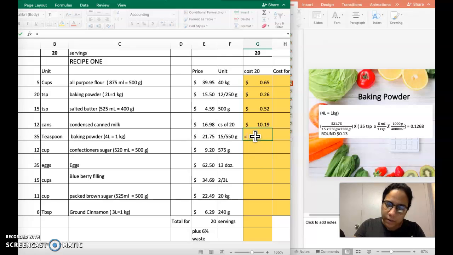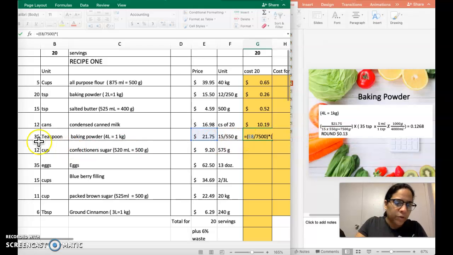Again, you're going to equal sign, open bracket, the price divided by the unit, 15 times 500, which is 7,500 grams, close bracket, times open bracket.